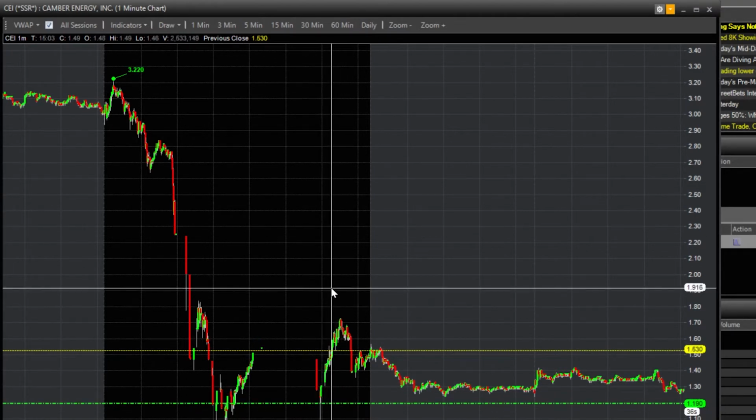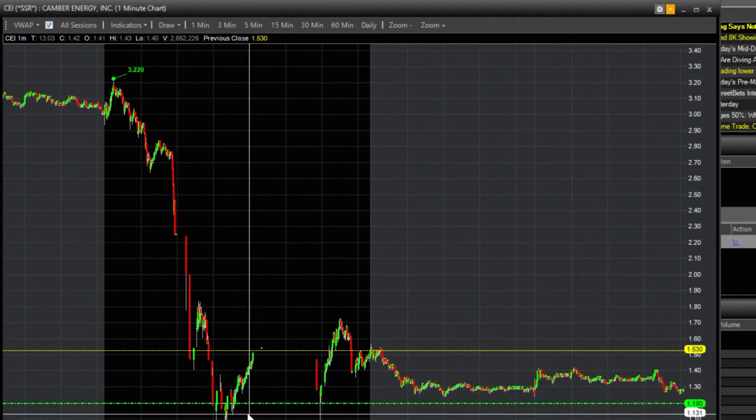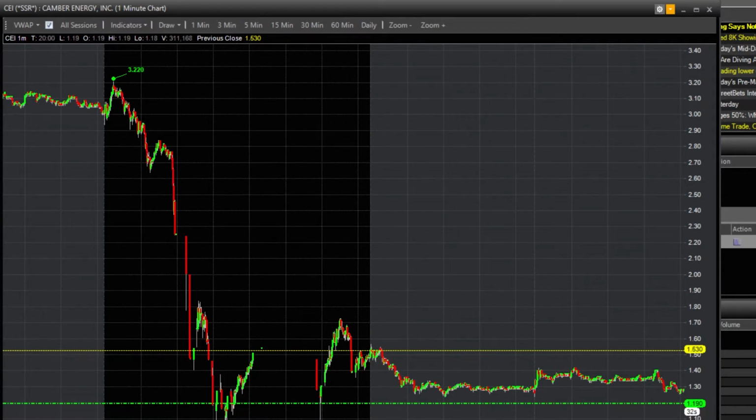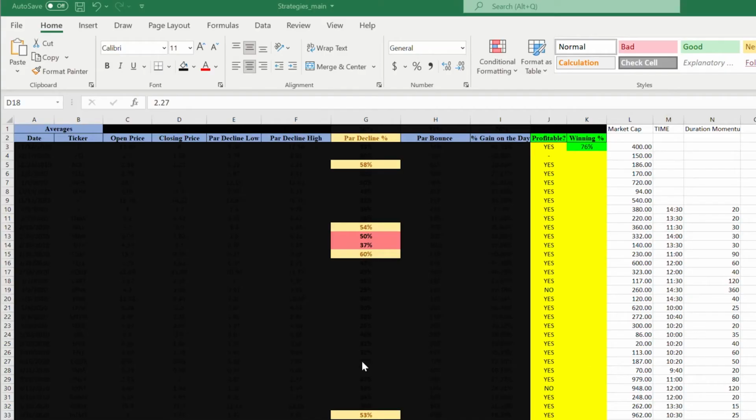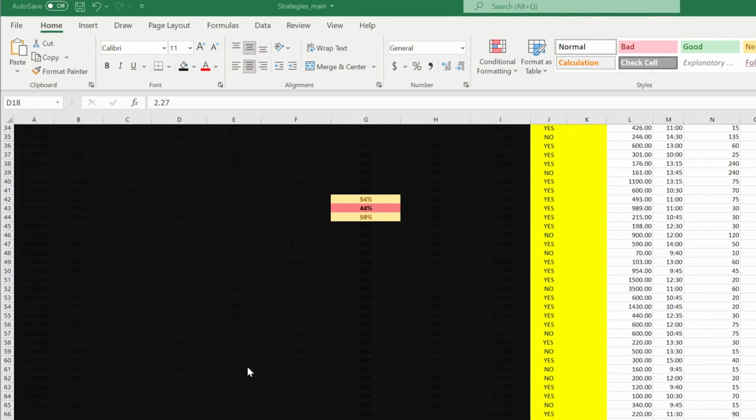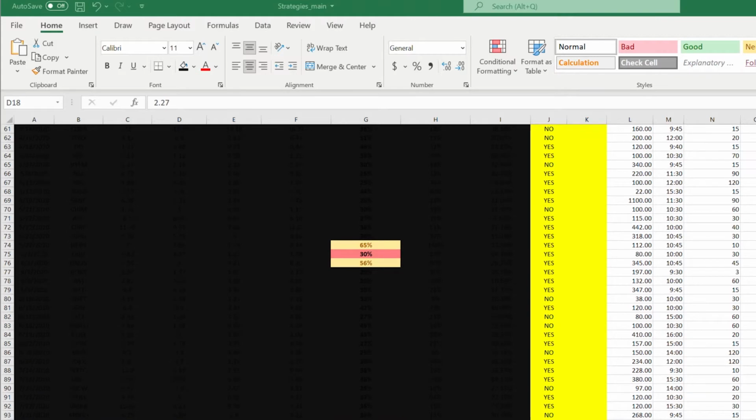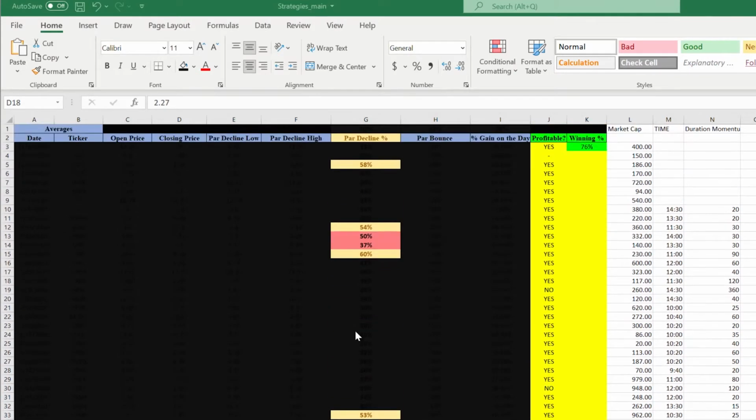So how would I know that this stock is gonna dip exactly here? I've prepared something for you guys. Just a second. This is my large cap dip buy spreadsheet, and I blacked out all the data because I don't want to give stuff away for free. But there's this thing called conditional formatting.